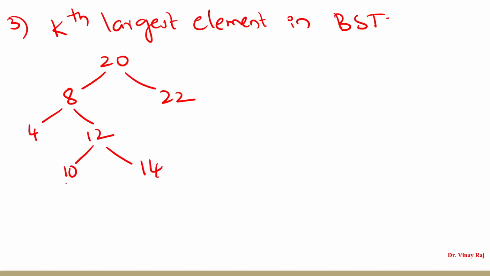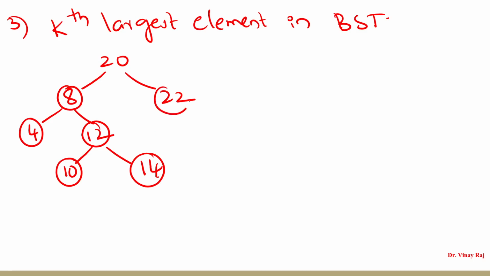Okay, so this is our tree. Now I have to find the kth largest element. Let's take k equal to 3, the third largest element. So here see 22, 20 and 14, right? If you arrange them, 22, 20 and 14. So 14 is the third largest element in this tree.